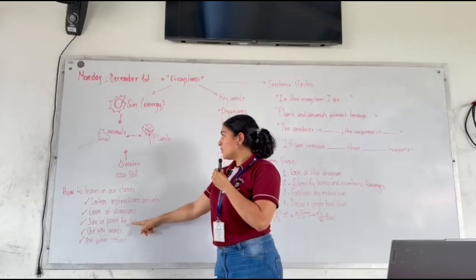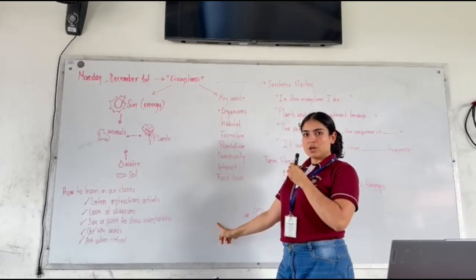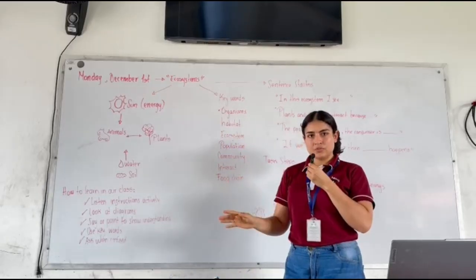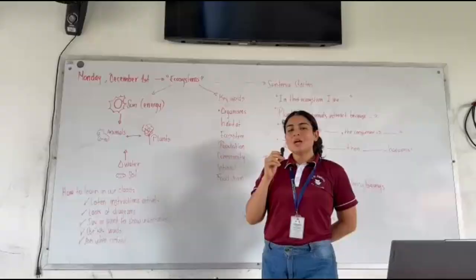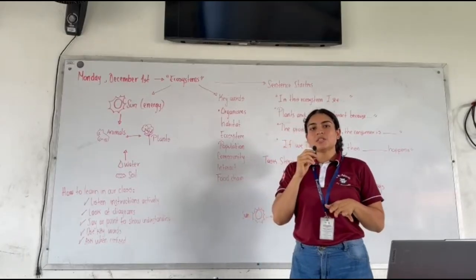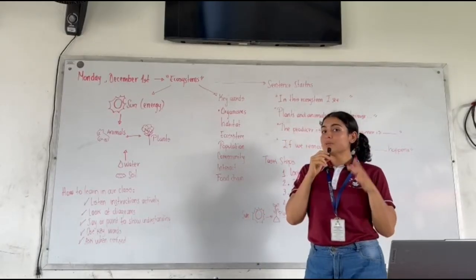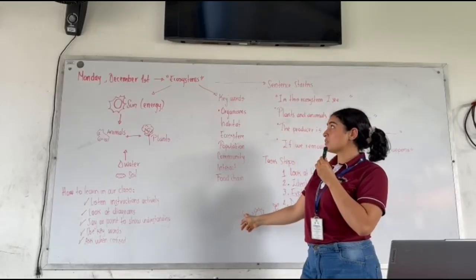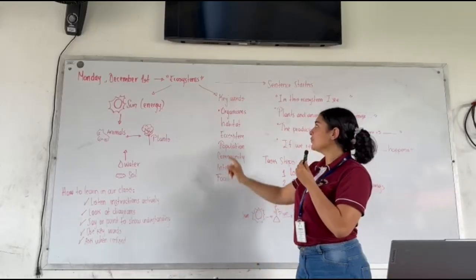You have to use the keywords that I wrote here previously, and you have to ask whenever you feel confused. Remember to keep in mind the keywords we are working with to talk about ecosystems in English.